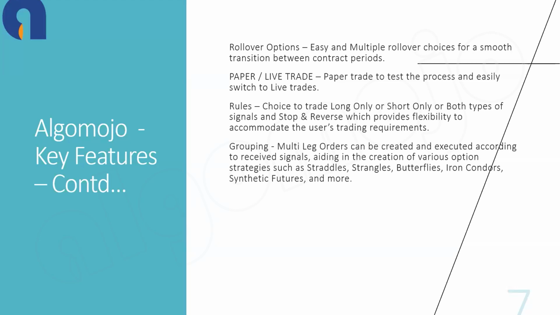And when the reversal comes in terms of short, it will close the long position and take the reverse position. So if it is futures, it'll close the long position and take the short position. Or if it's an option, then it will close the CE and take the PE when the long turns into short. So for strategies like super trend, the rule to be used is the stop and reversal.